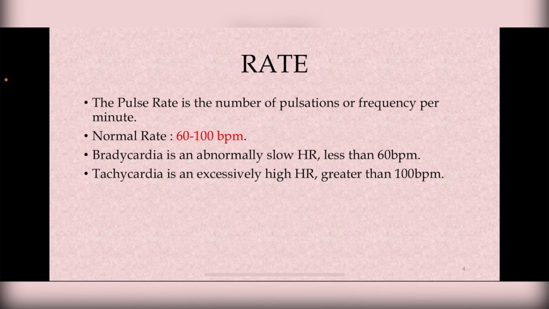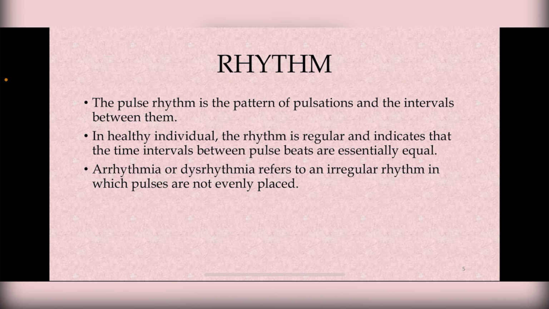Okay. Now rhythm. The pulse rhythm is the pattern of pulsation and the intervals between them. In the healthy individual, the rhythm is regular and indicates that the time intervals between pulse beats are essentially equal. Arrhythmia or dysrhythmia refers to an irregular rhythm in which pulses are not evenly placed.